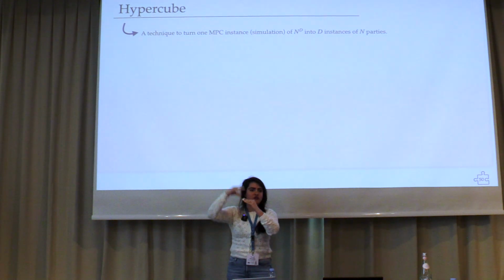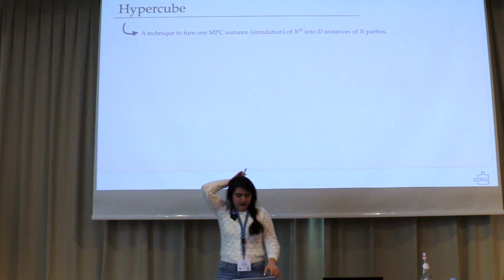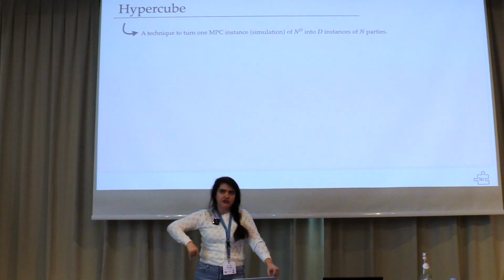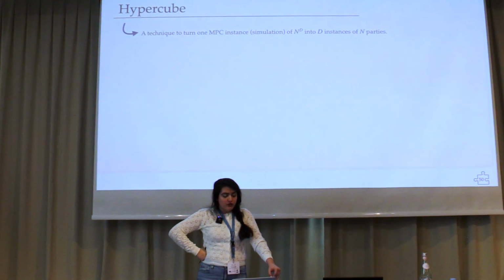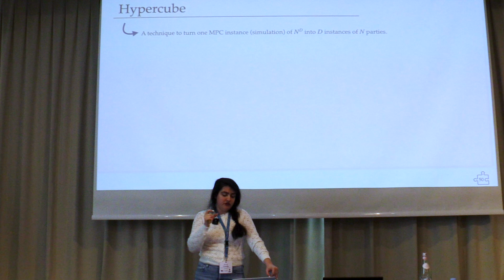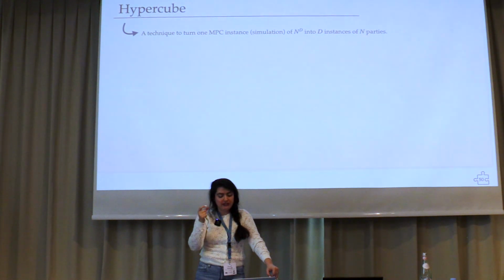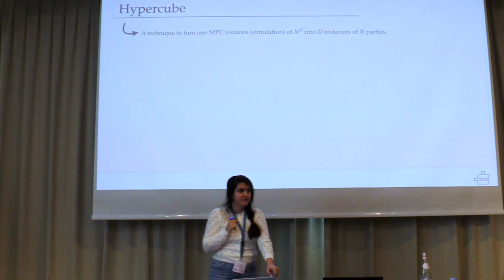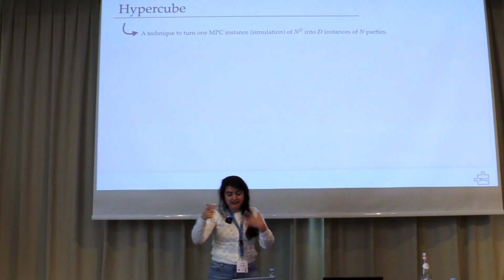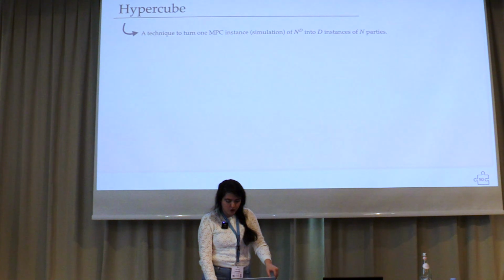Previously it was n, now it's expressed as a power of some number. So starting from an MPC instance that you need to simulate for this protocol, you can instead simulate d MPC instances of n parties with this hypercube technique, and that is of course more convenient.